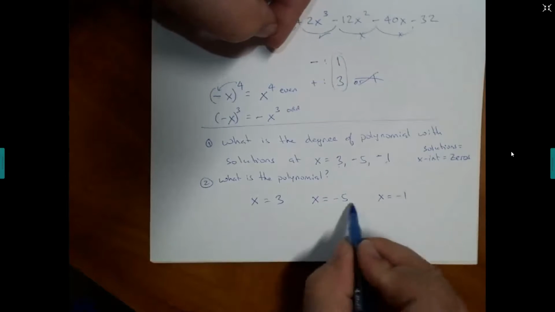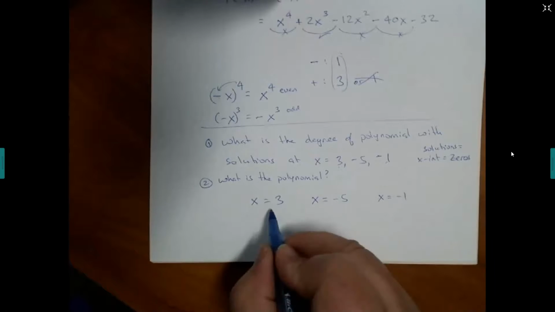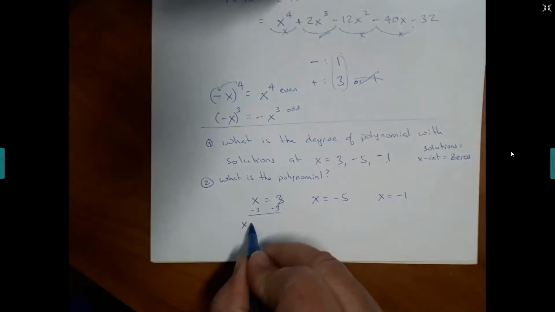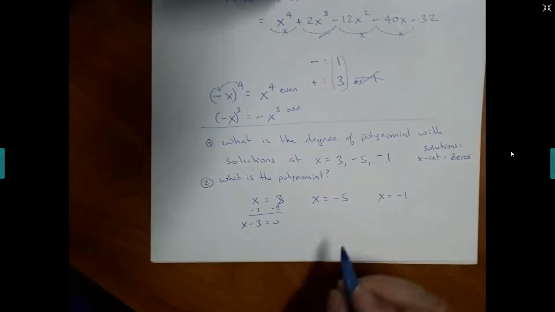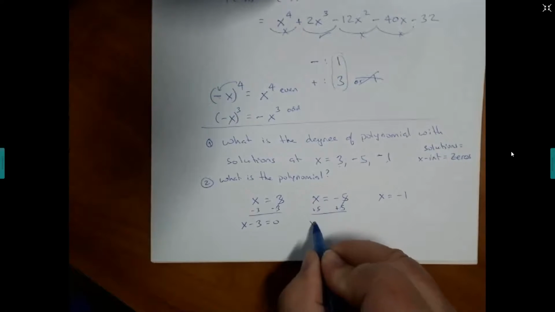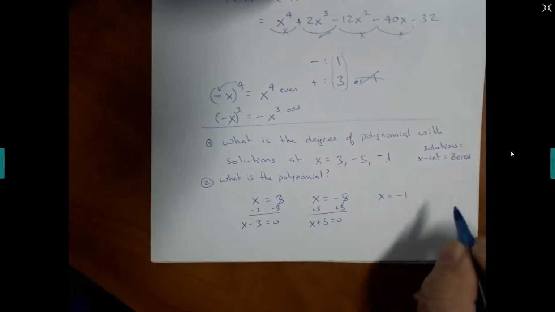So take each of these, solve them for 0. In other words, subtract 3 from both sides: x minus 3. Add 5 to both sides: x plus 5.